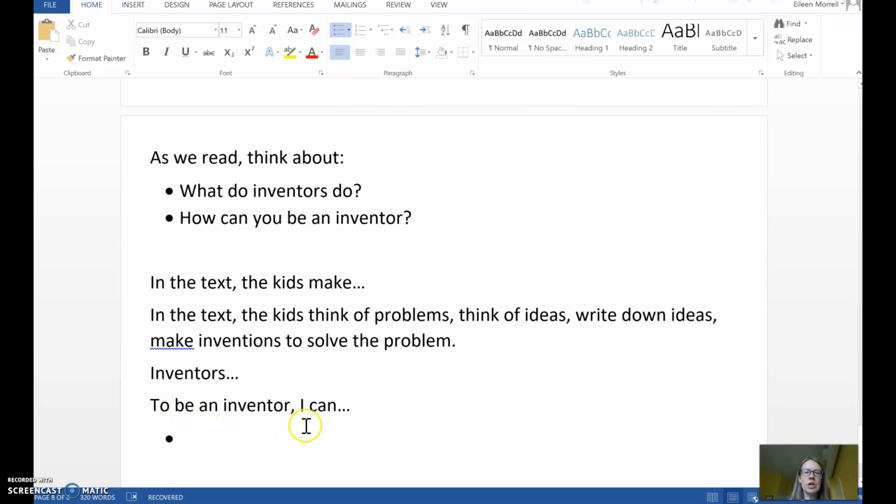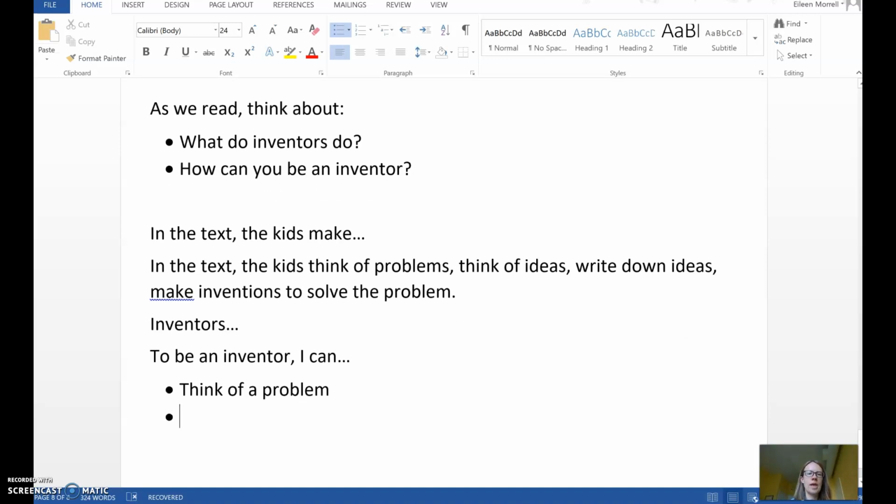To be an inventor, I can think of a problem, to be an inventor, I can write down ideas. To be an inventor, I can make models to solve the problem. There are lots of things that you could do to be an inventor.